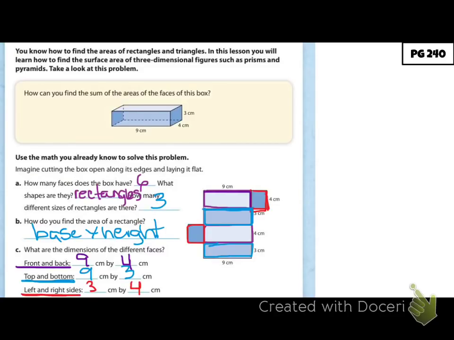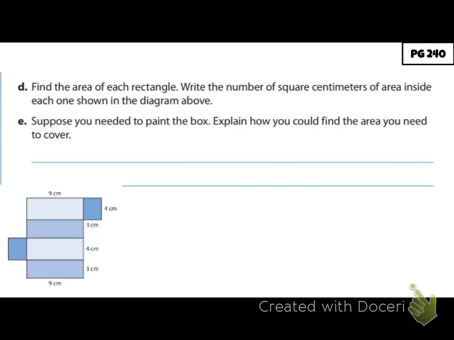So, keeping those in mind, let's look at D. It says, find the area of each rectangle, write the number of square centimeters of area inside each one shown in the diagram above. So, if we go back and start with where we left off with our sides, if I want to find the area of my 2 sides, I'm going to have to do 3 times 4, which gives me 12.